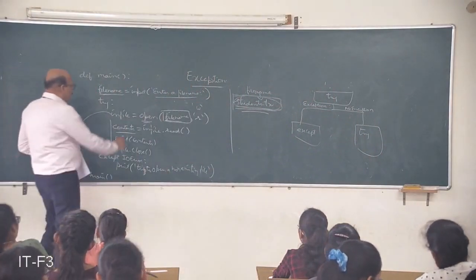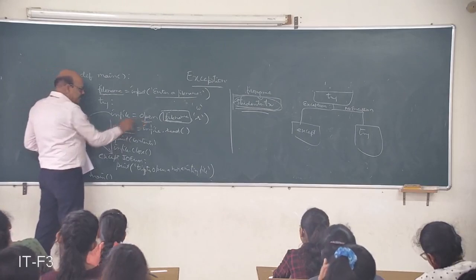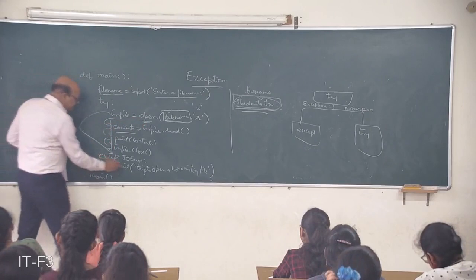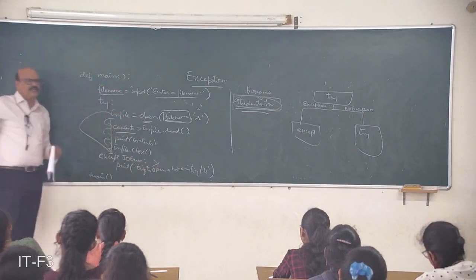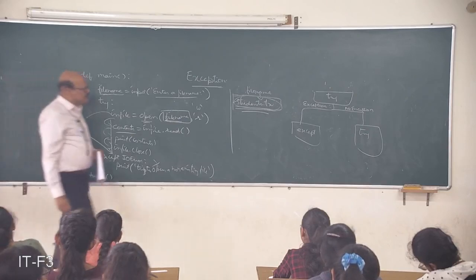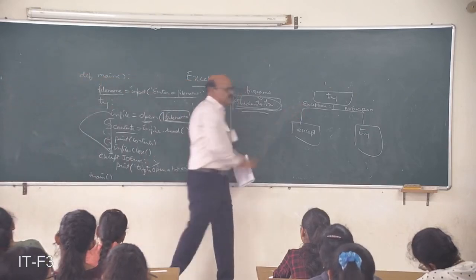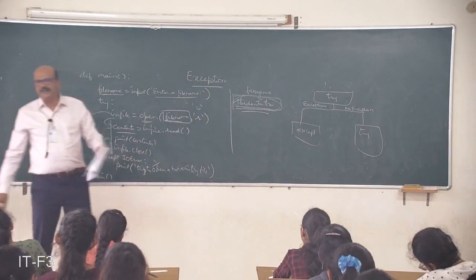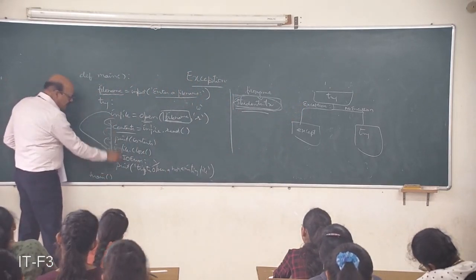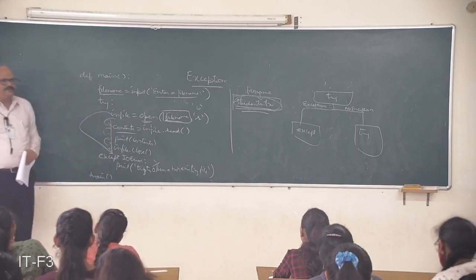If no exception is raised, all the statements will be executed in sequence, and whatever statements you have written in the except block won't get executed. Whereas when an exception is raised by one of the statements that you have enclosed in the try block, the control jumps to the except block, and the remaining statements won't get executed.